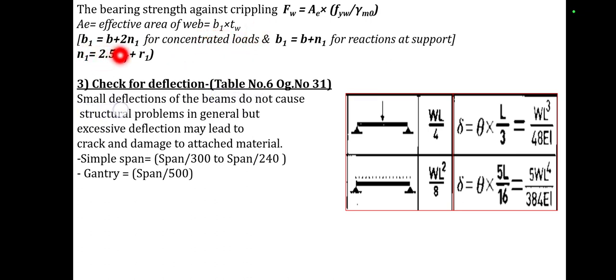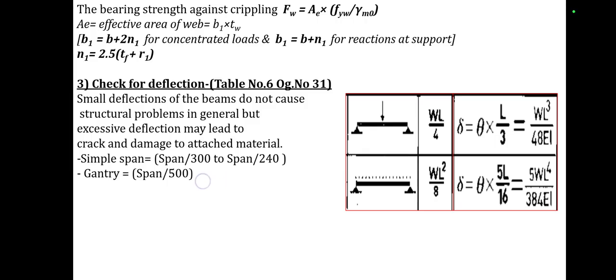B1 is equal to B plus twice N1 for concentrated loading. B1 is equal to B plus N1 for the reaction at the support. N1 is equal to 2.5 TF plus R1. TF means thickness of the flange, R1 root radius.